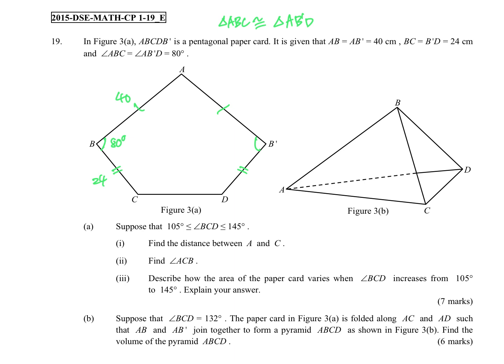To find AC, we just try to make use of the cosine formula. AC squared equals 40 squared plus 24 squared minus 2 times 40 times 24 cosine 80. So AC equals 42.9.